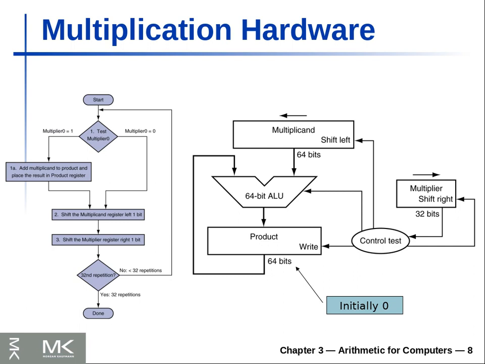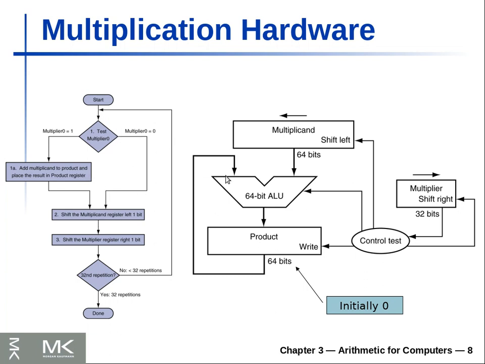Here is the flow diagram that I just went through. When you start, you put the multiplicand up here and the multiplier down here. You test that multiplier sub-0, aka the last bit of the multiplier. If it's 1, you add the multiplicand and the product and place the result back into the product register.